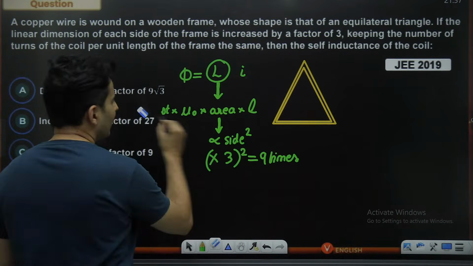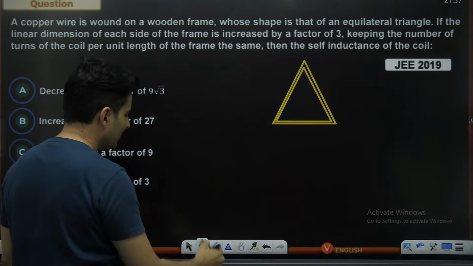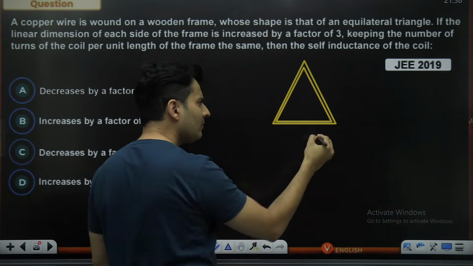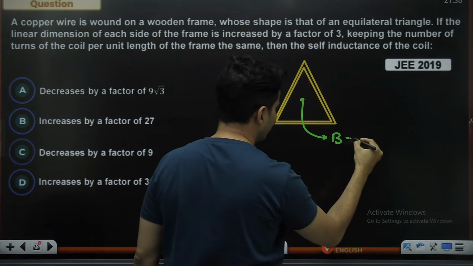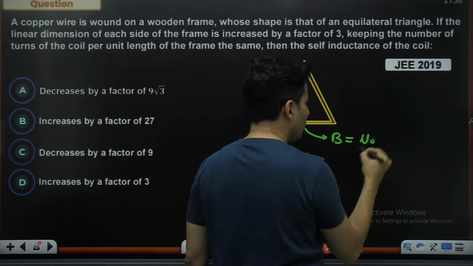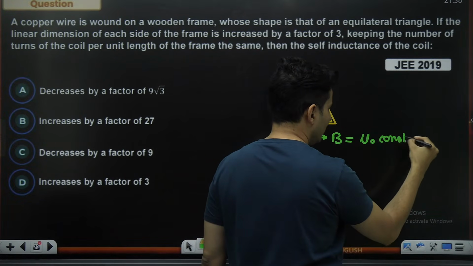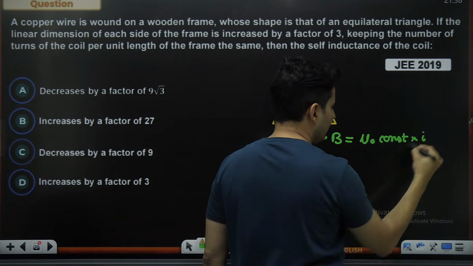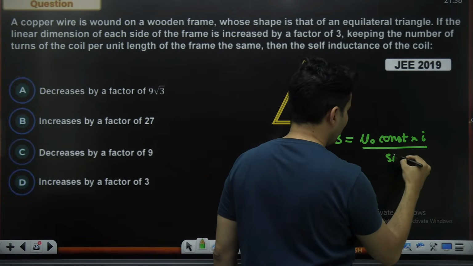Okay. Let's do this in a different way. If you just happen to measure the magnetic field over here, what all things will come? Mu naught will be there, some constant will be there, and some current will be there, and the side length will come over here.